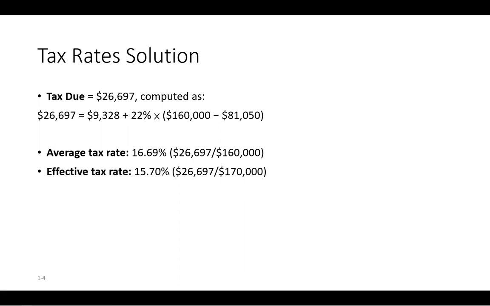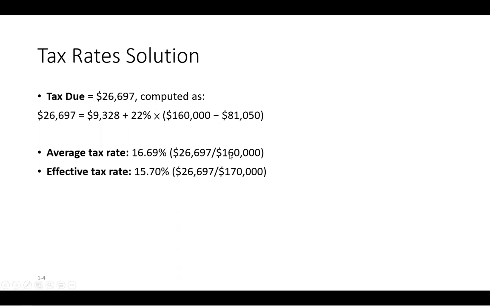Think back to the example. They had $160,000 that was taxed, and then they have $10,000 of income that does not have to have income tax paid on it. And we're going to be learning about those. So overall, on all of their income, they're only paying 15.7 cents per every dollar for income taxes. So we call that the effective tax rate.